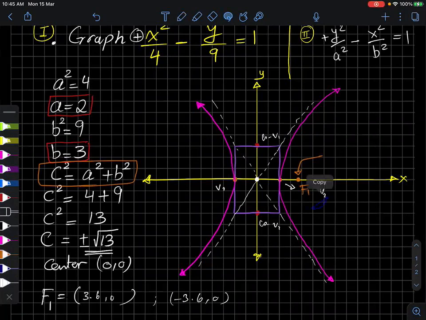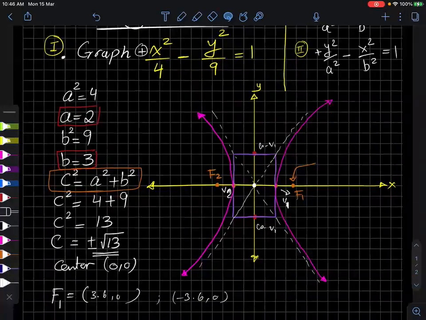So we can name this f1 and here f2. F1 is 3.6 and 0, and the negative 3.6 is here. F2 is farther than v2. That's why my equation is now plus, not the same as the ellipse, c squared equals a squared minus b squared. Okay, that's all for this question, guys.